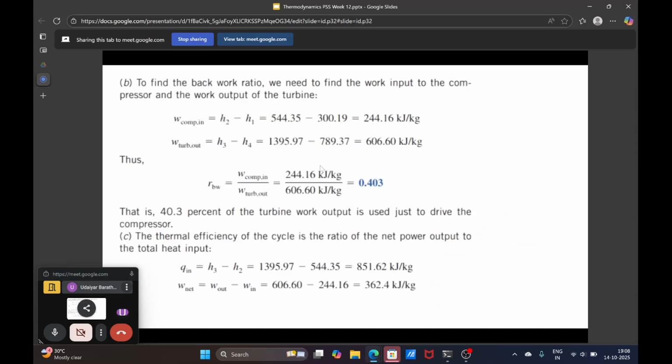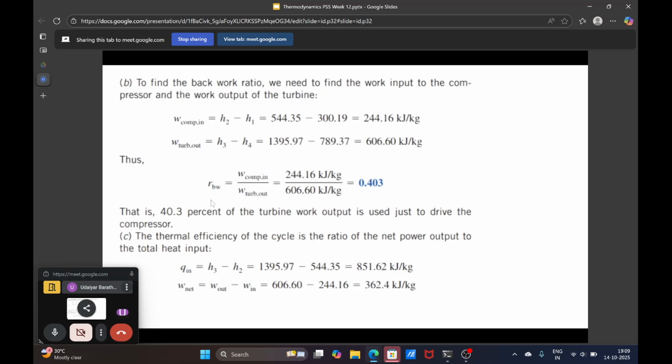The enthalpy comes out to be H2 is 544.35, H1 is 300.19, and similarly for the turbine H3 is 1395.97, and H4 is 789.37. With this, the work for the compression process is 244.16 kilojoule per kg, and for the turbine is 606.6 kilojoule per kg.